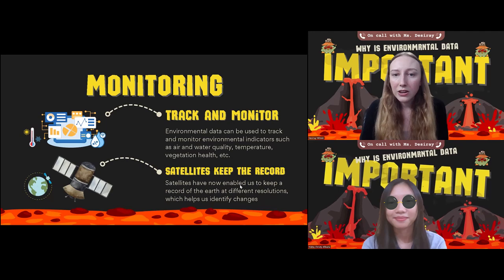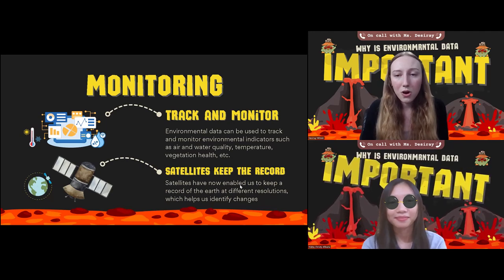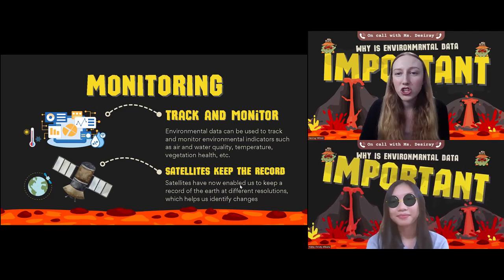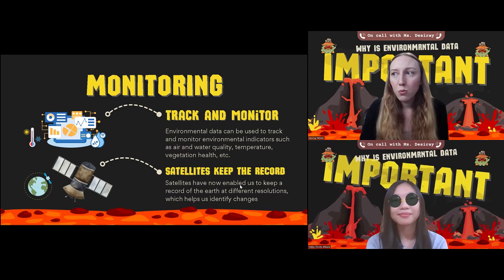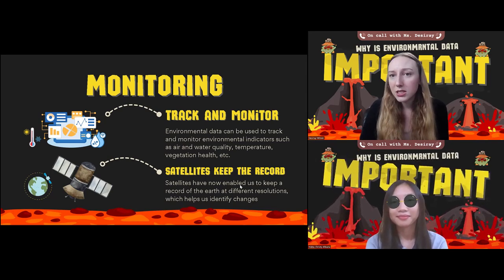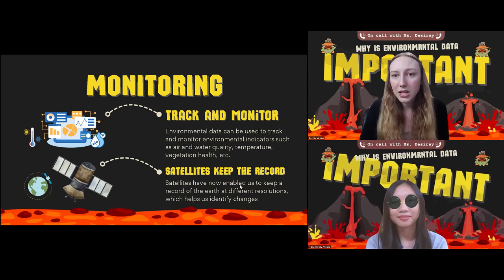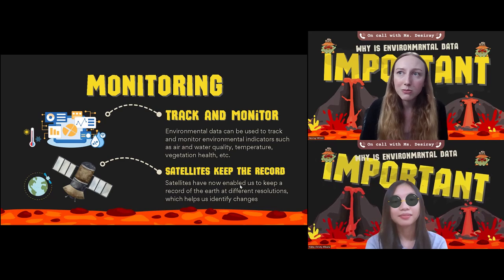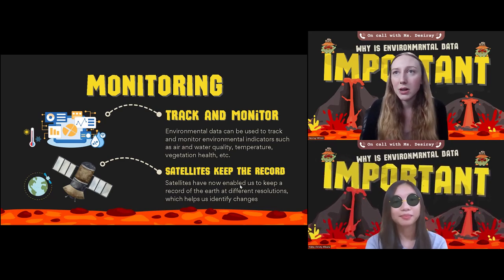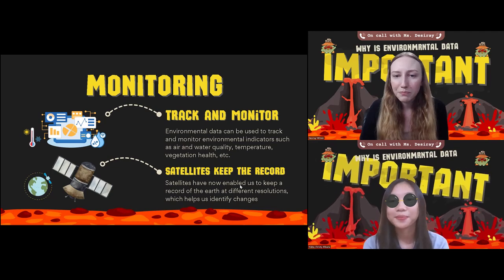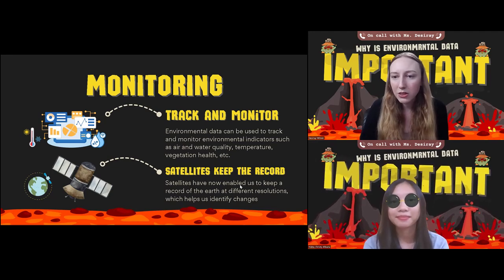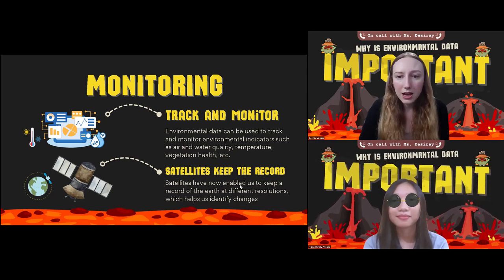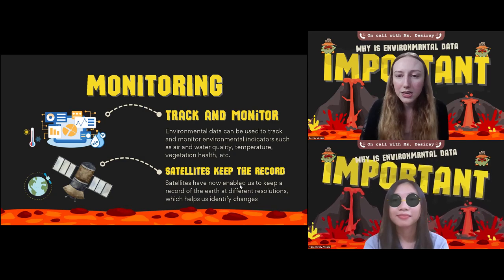So different indicators, things like air quality, water quality, temperature, vegetation, biodiversity, using instruments and other data collection methods, we can begin to track and monitor these things. And that helps us observe different changes in the environment. Satellites keep a really long-term record, and that is great that we can use that now to help identify these changes.